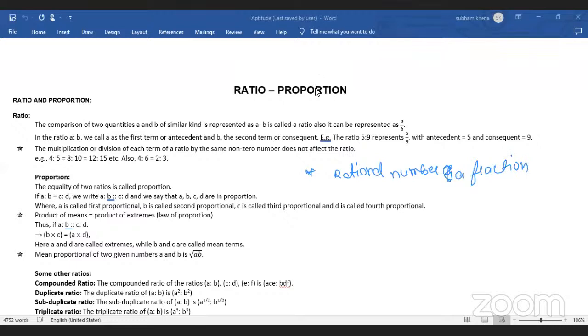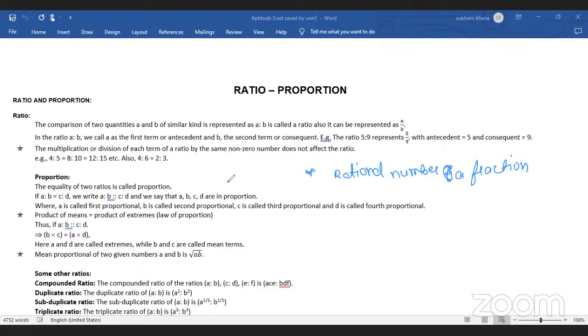Let's check. P by Q. Venkata is saying P by Q form. Supriya is also saying it is in the form of P by Q. Okay, great. So now tell me, what's the difference between a rational number and a fraction?